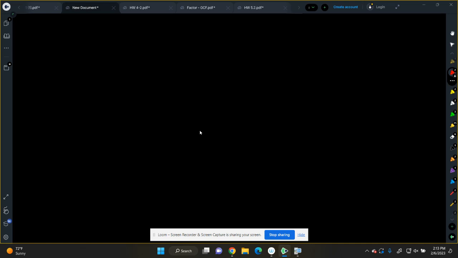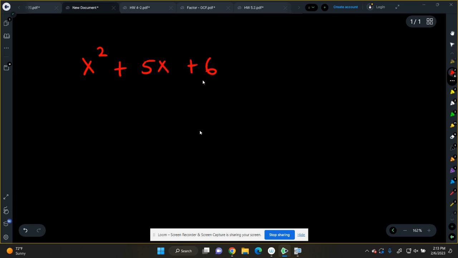Okay, now we're going to factor quadratics that look like this. X squared plus 5x plus 6. Again, we're trying to factor these so that we can ultimately solve them.